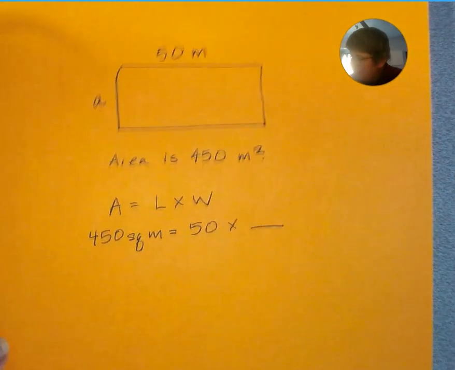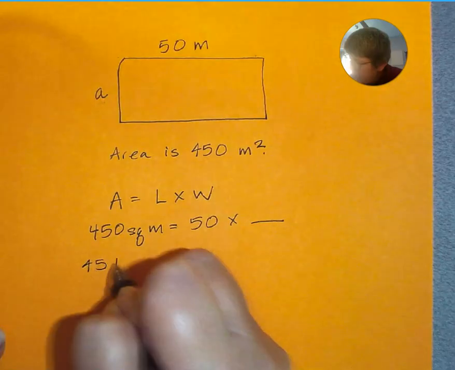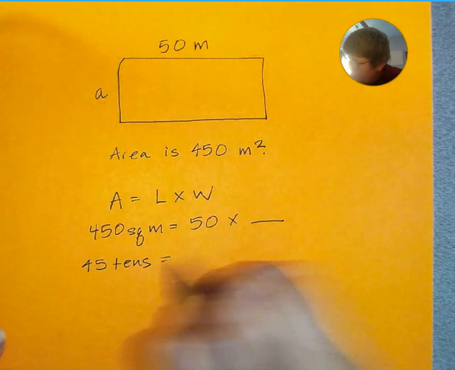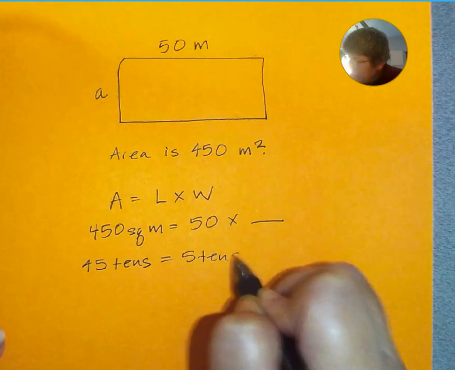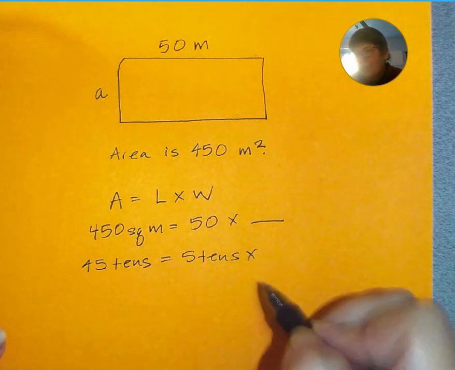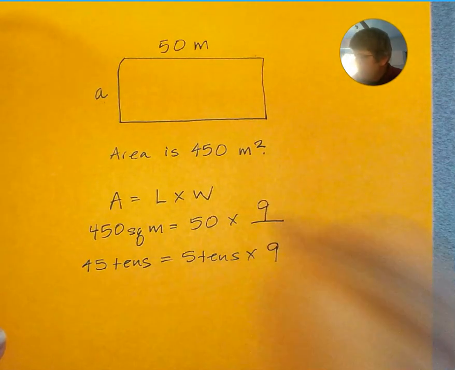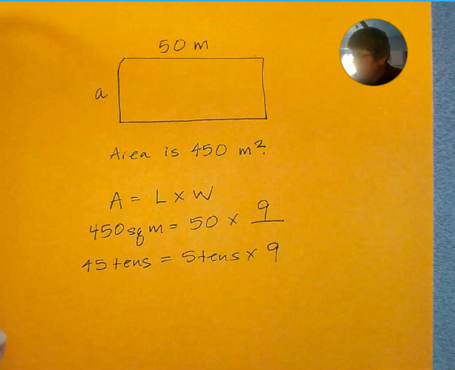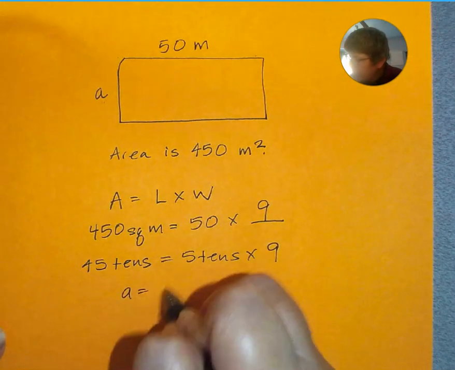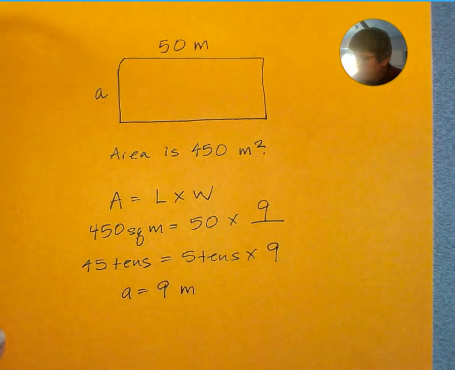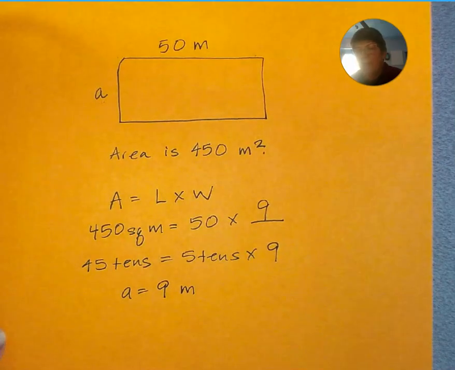Now I could think about 45 tens is equal to 5 tens times what is 45? 9. So 9 times 50 is 450. So A is equal to 9 meters, because 9 times 50 is 450 square meters. All right, good place to pause me. Make sure you have that written down. You're going to see some of these later.